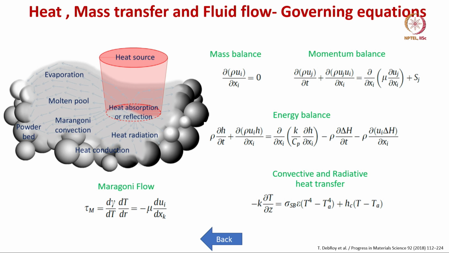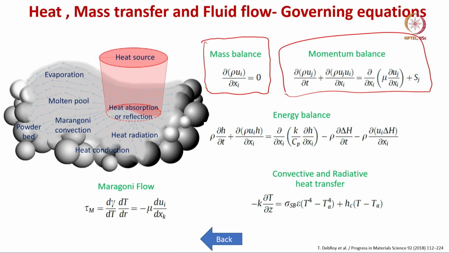As I said during the discussion of the previous slide, you are essentially following the mass, momentum and energy balance equations. Mass balance is essentially del rho u i by del x i is equal to 0, where rho is the density. Momentum balance is also mentioned here.